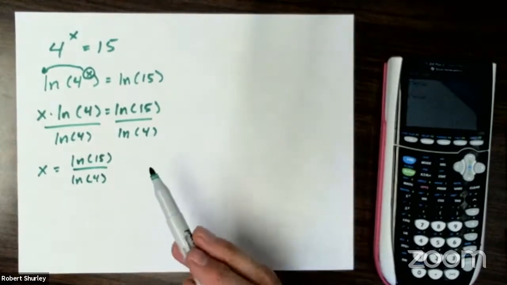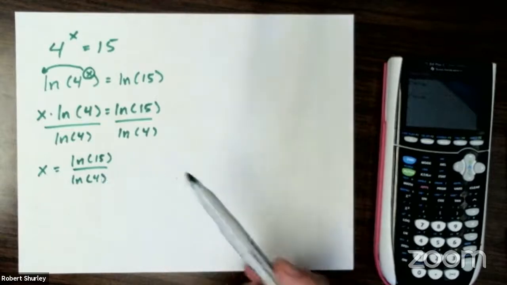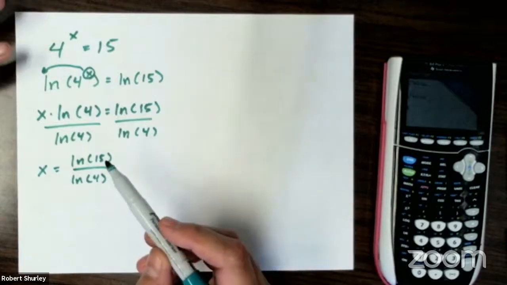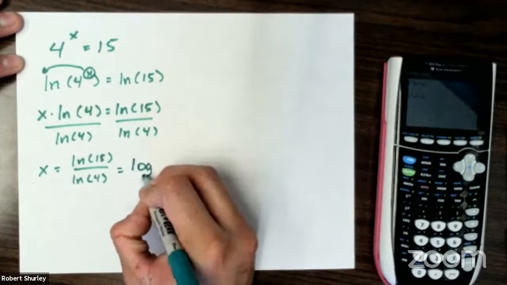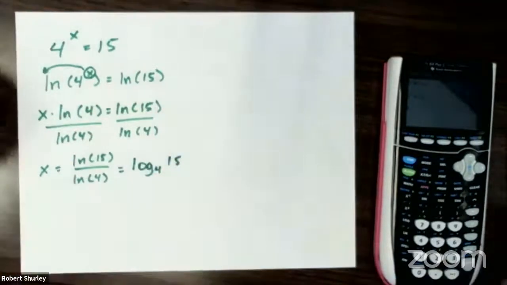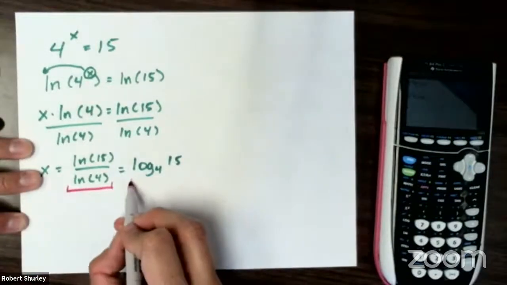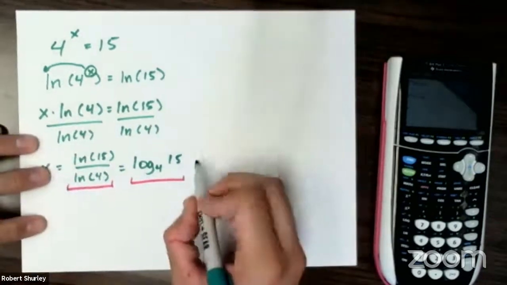Now, you remember with the change of base rule, you can write this as a logarithm. Now we're going to go backwards with the change of base rule. If we already have the ln over the ln, this would be equal to log base 4 of 15. You're going to see in your book and on the test, it might give you the answer like this, or it might ask you for an approximation.